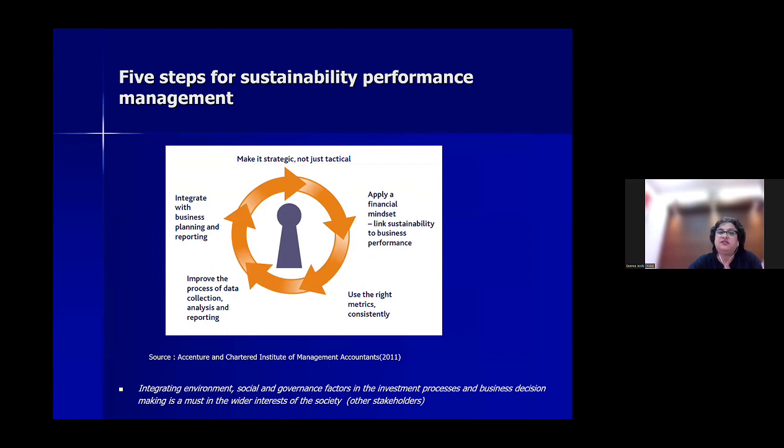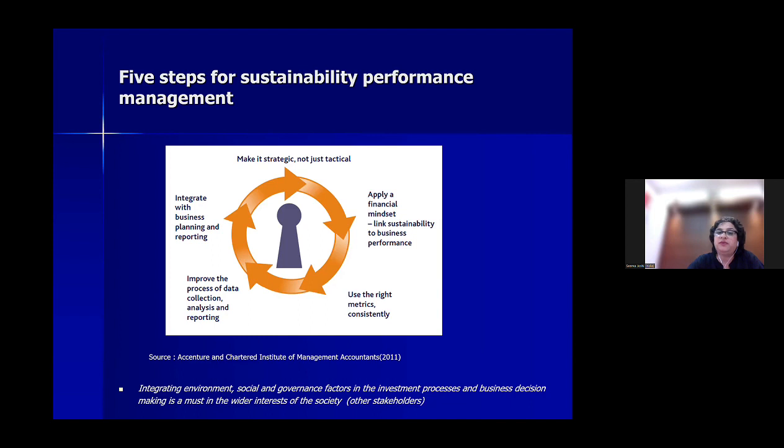And if such sustainability-conscious leaders are available, who are ready to spread sustainability education also, then sustainability performance arrangement becomes very easy.